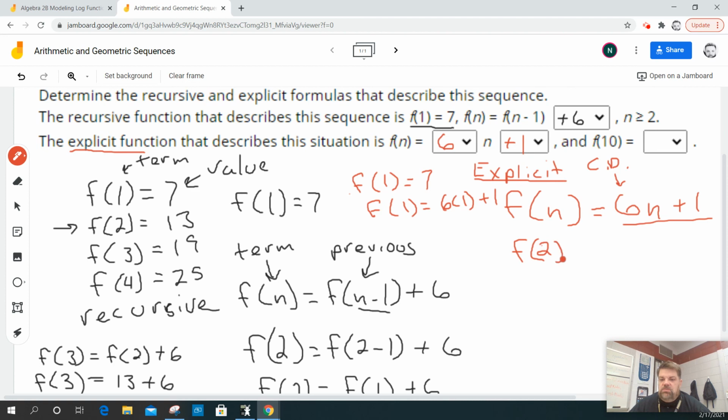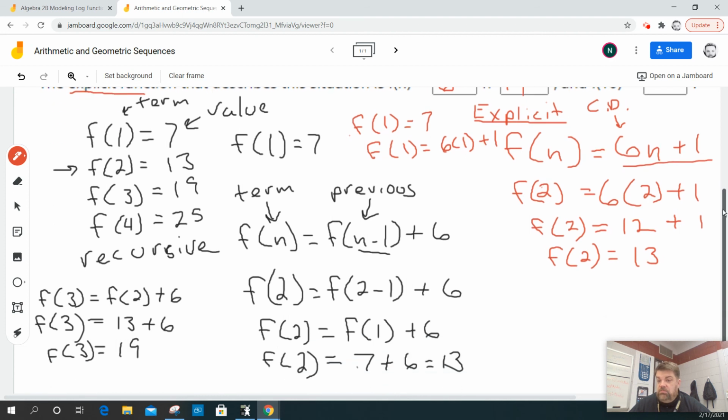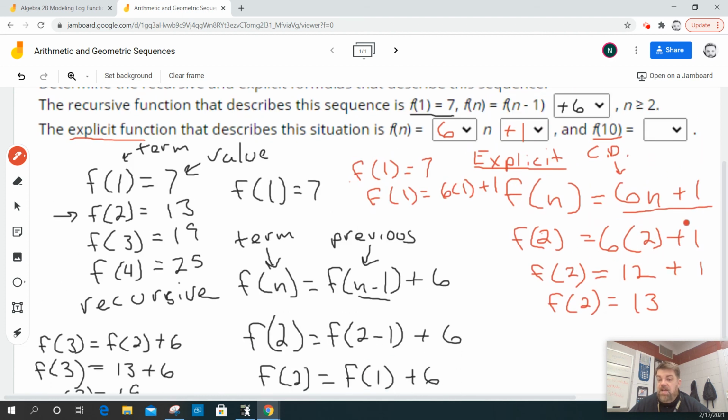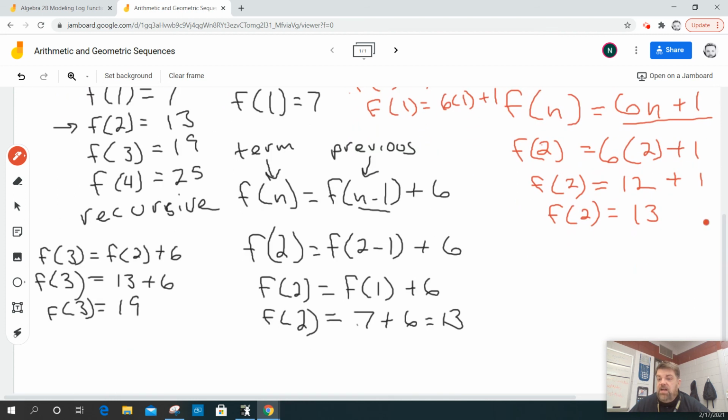So let's test this. What's f of 2? Well, that would be 6 times 2, plus 1. 6 times 2 is 12, plus 1, so the second term then would be 13. And so that works. But they want to know what's f of 10. Because I've got the correct explicit, I can figure out any term in the sequence by just plugging it in.